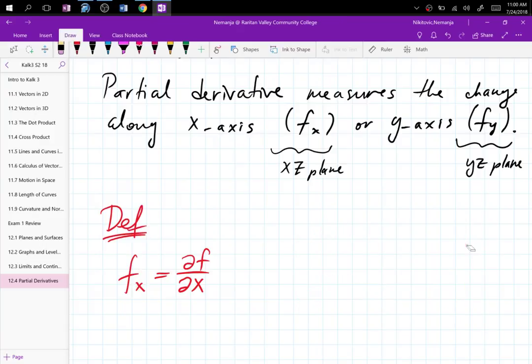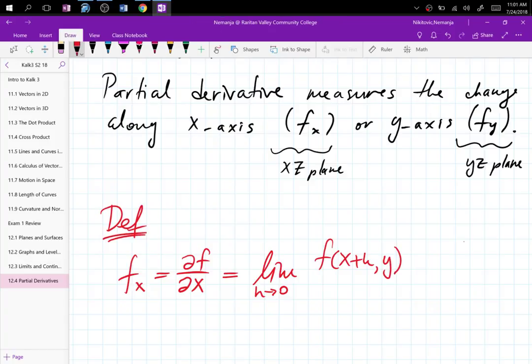So we denote with f subscript x, that's a small x in the corner, or you can use the Leibniz notation, which is partial derivative of f in respect to x. And the definition for this would be the limit as h goes to 0. And now you have your good old f of x plus h comma y, right?